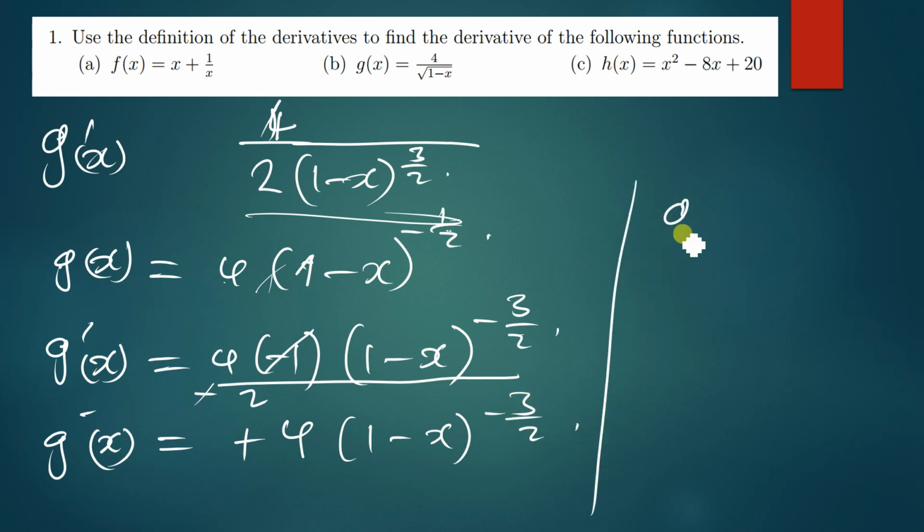So g prime of x is therefore going to be equal to 4 on top, and then the denominator is going to be, because this is negative, 1 minus x to the power, 3 over 4, oh sorry, 3 over 2.